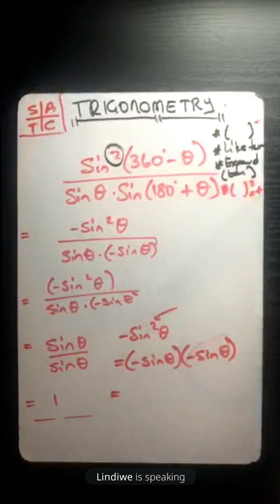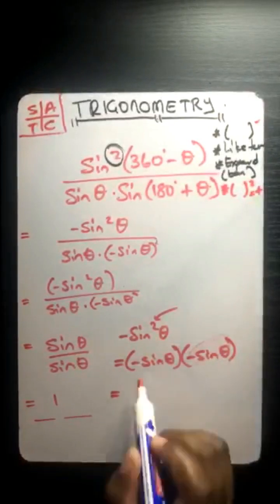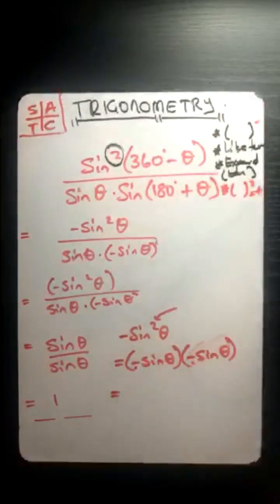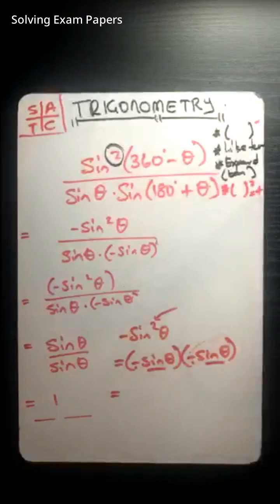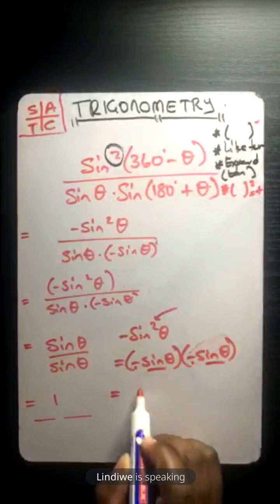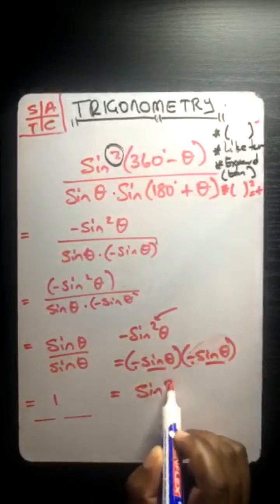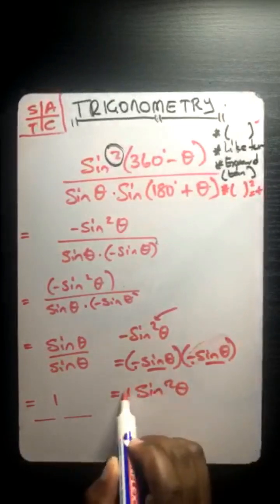Yes, sir. So what is negative times negative? Positive. What is sine times sine? Sine squared. Yay. So that's how it ends up being a positive.